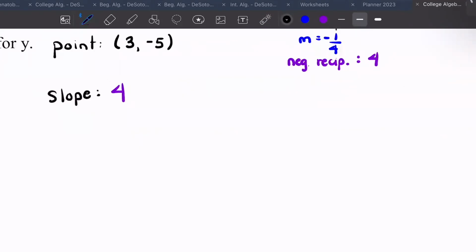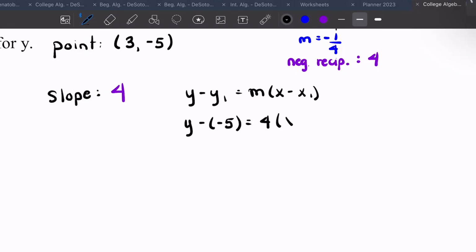Now we do point slope. Y minus y1 equals m times x minus x1. Y minus negative 5 equals 4 times x minus 3. Okay, so y plus 5 equals 4x minus 12.